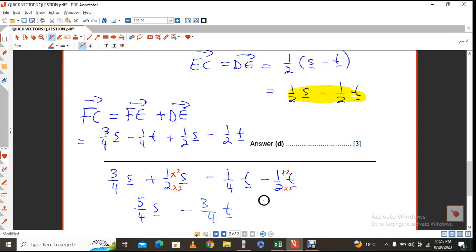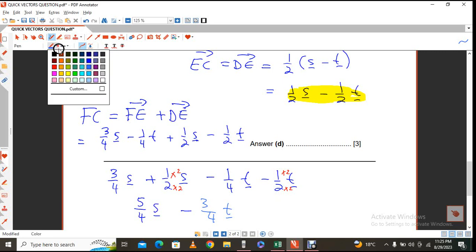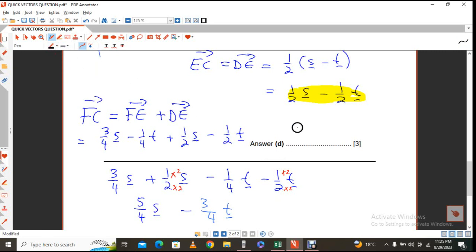Just grab a calculator if you are struggling with these fractions. So the final answer here would be 5 over 4 S minus 3 over 4 T.